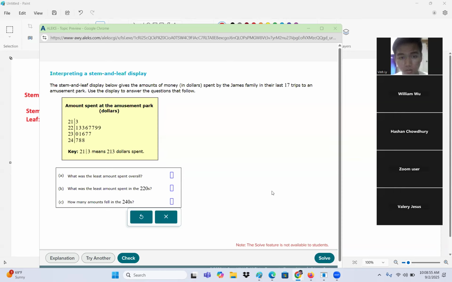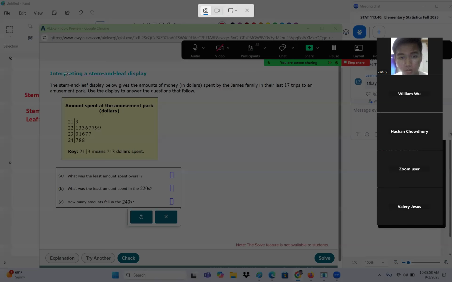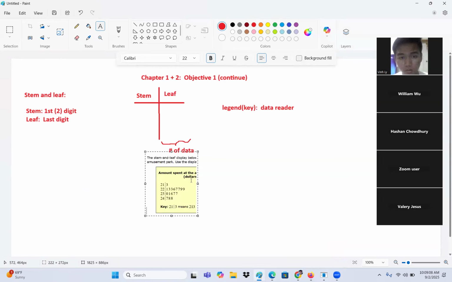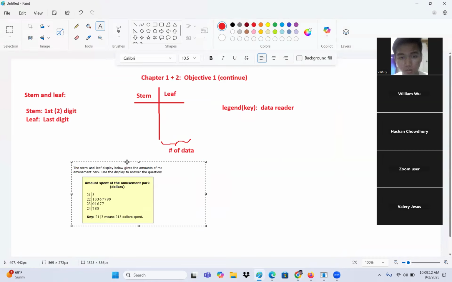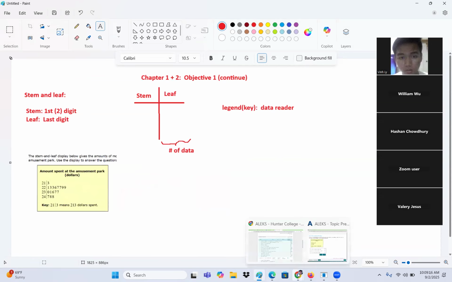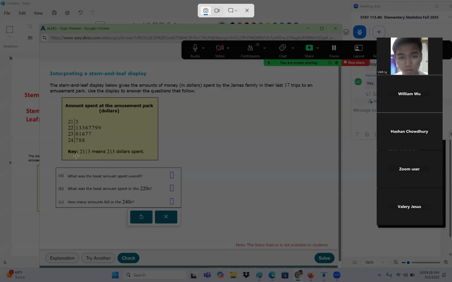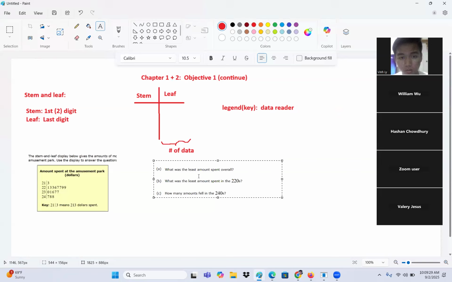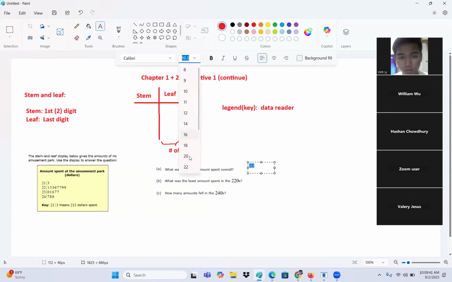Are we good? It's 213. And this one is 221, and this one should be three data sets right here.